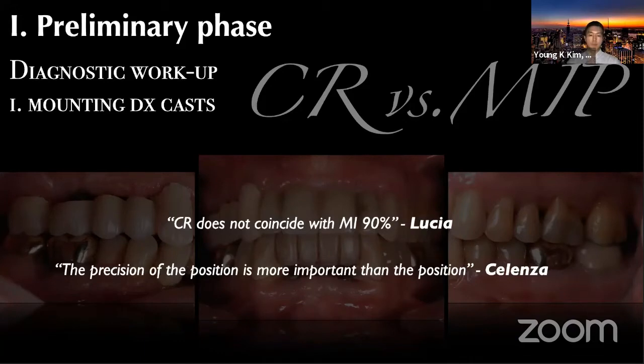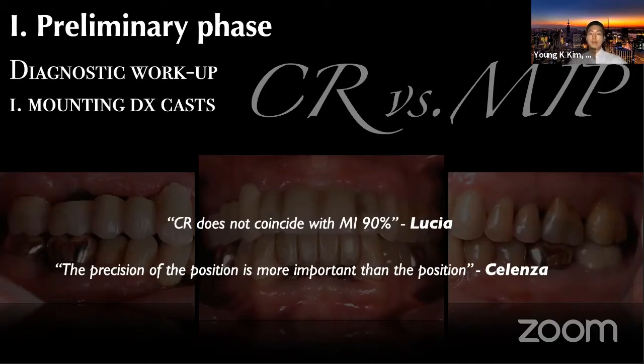So what I mean is, when we are capturing the bite, including myself, when you're putting yourself into the CR and slowly closing down, due to the arc of closure and the anatomy of the posterior teeth, inevitably we have a premature contact. And whether it's traumatic or not will depend on how much tooth surface we have at the end of the mandibular movement.